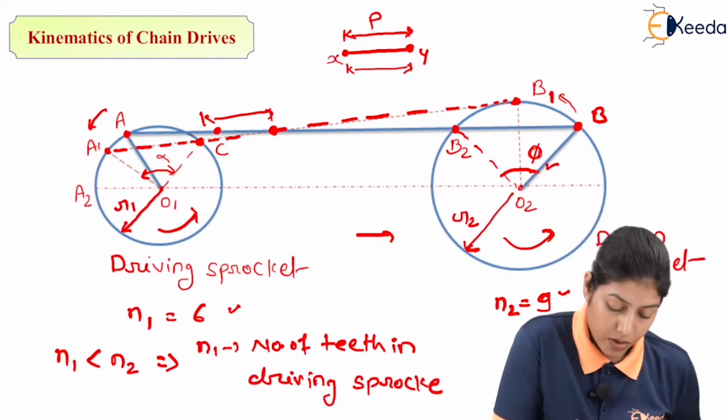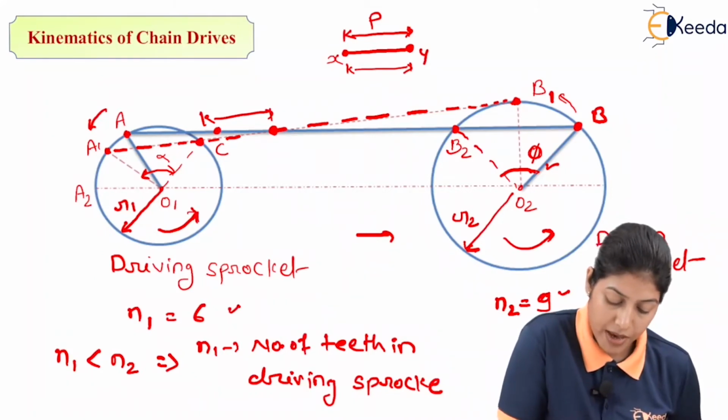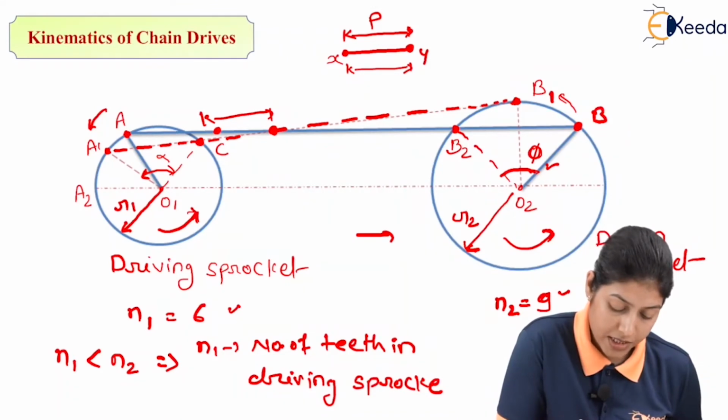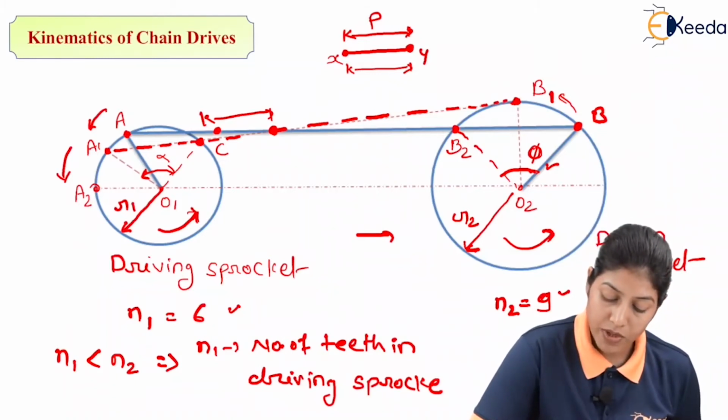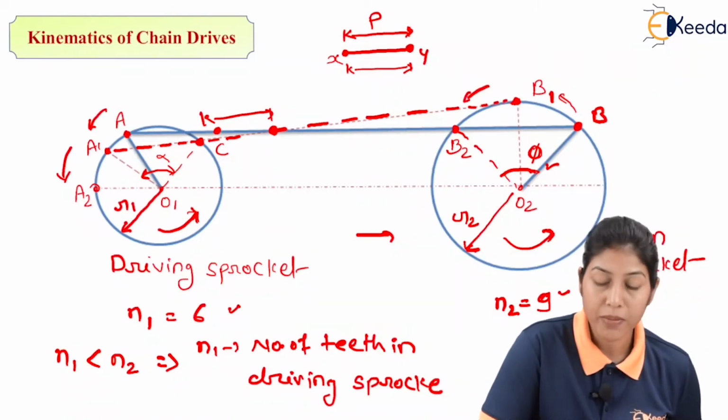Now after that, when the driving sprocket continues in rotation, A1 will also change its position. The second position we are considering as A2. So when A1 is changing its position to A2, in that condition B1 will change its position to B2.